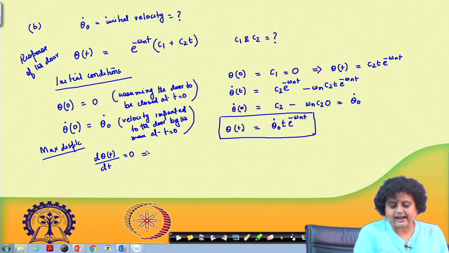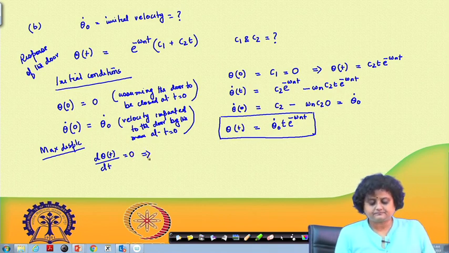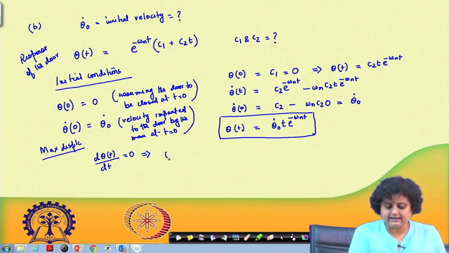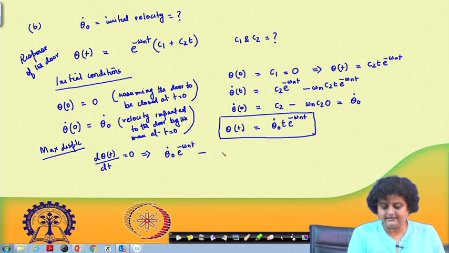That is obtained by differentiating this and equating it to 0. If I differentiate it, I have theta dot 0 e to the power minus omega n t minus theta dot 0 omega n t into e to the power minus omega n t, and that should be equal to 0.